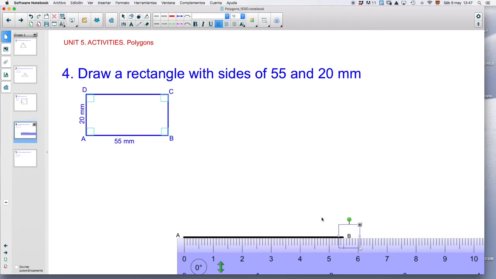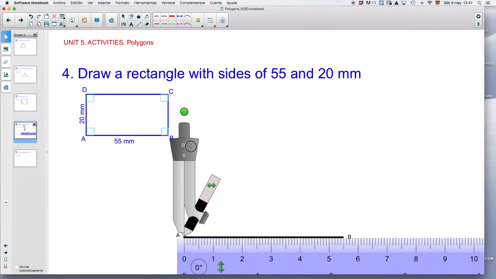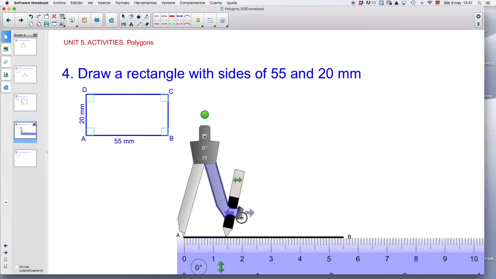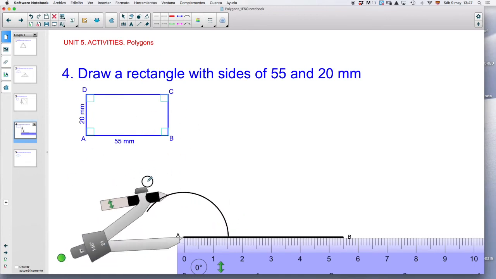Construct angles of 90 degrees at these two endpoints using the compass or the triangular set of squares. If you use your compass, open it any length and draw four arcs exactly with the same radius.